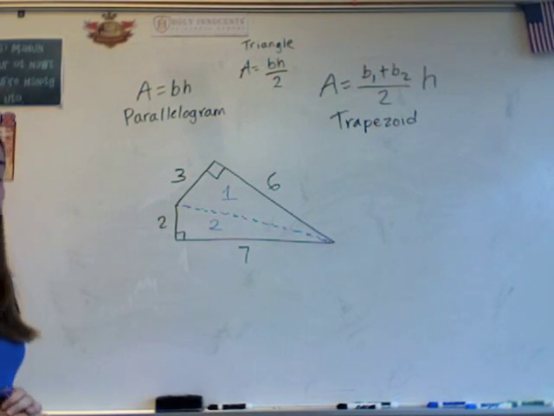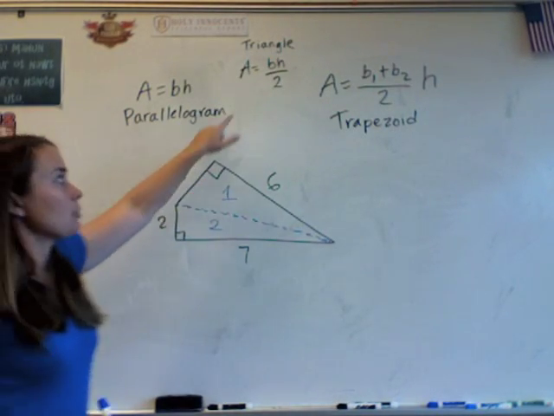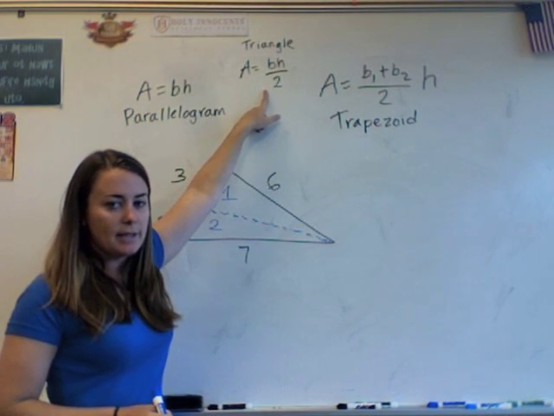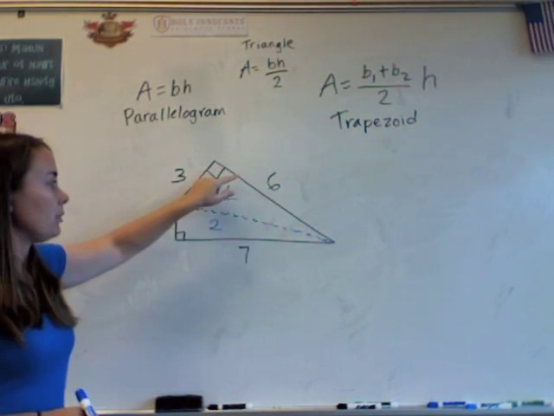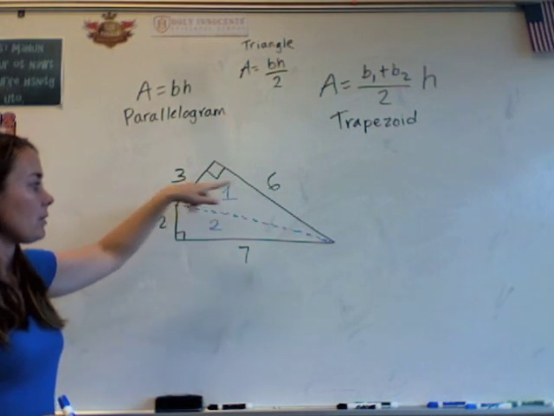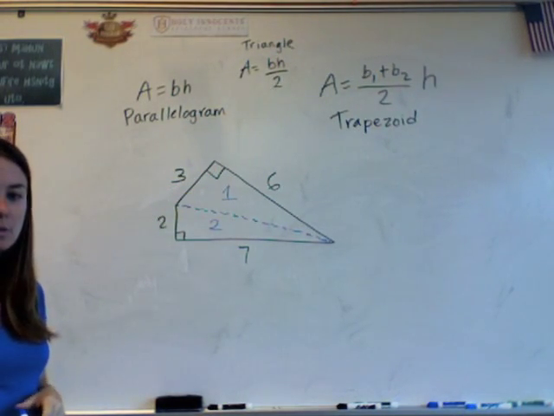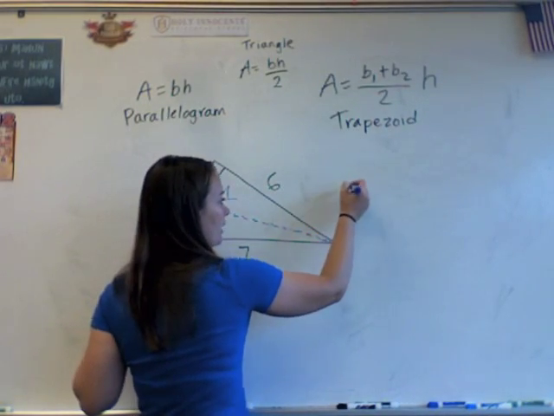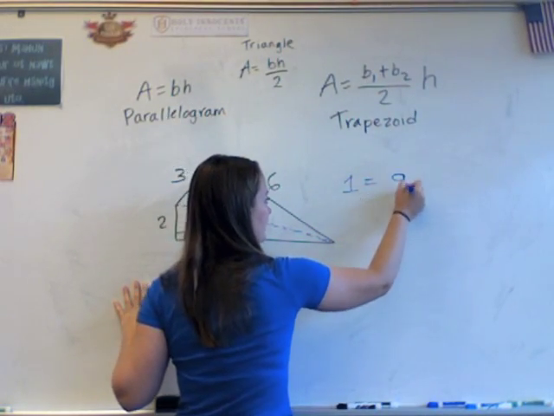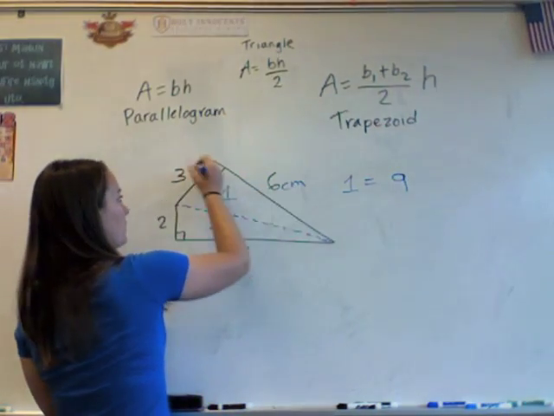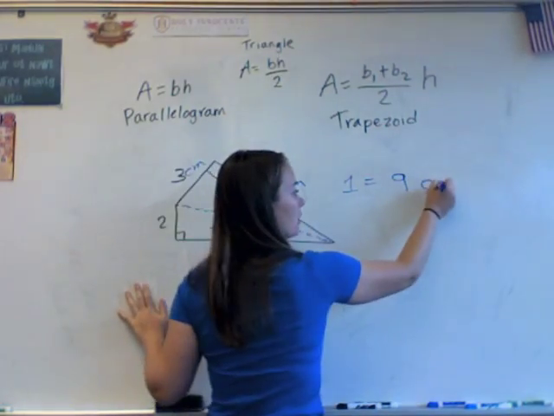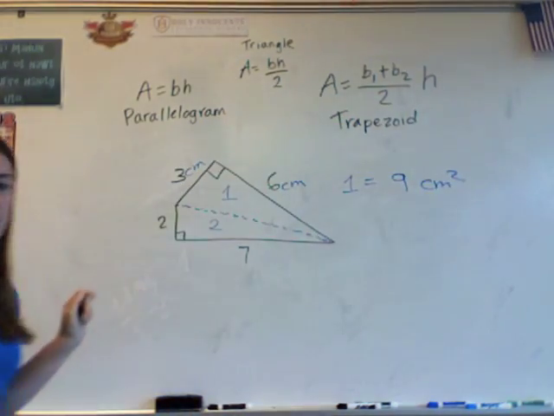Starting with triangle 1, remember our triangle formula is base times height divided by 2. Use the two sides that are forming a right angle, the 6 and the 3. So 6 times 3, divided by 2. So we get triangle 1, its area is 9. We'll make these centimeters. So we have some units.